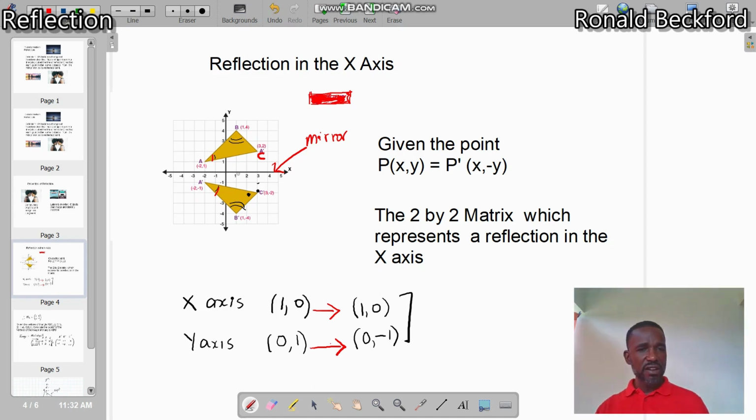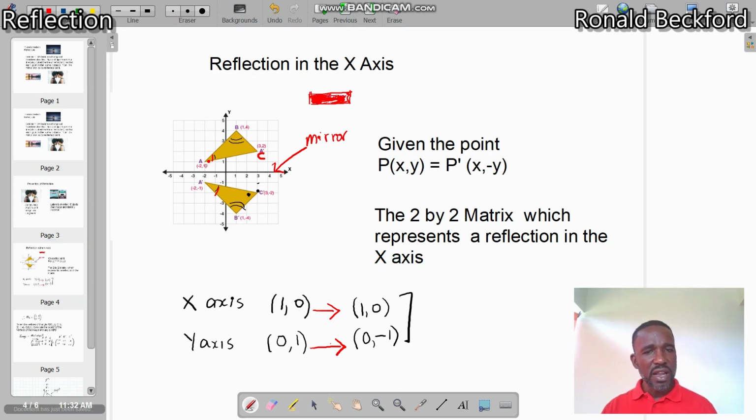From this diagram, we will realize that the x value remains, because if we look at point A, we have negative 2, 1, and then B is negative 2, negative 1. What does that mean? The x value remains. However, the y values attain a negative sign in this instance.